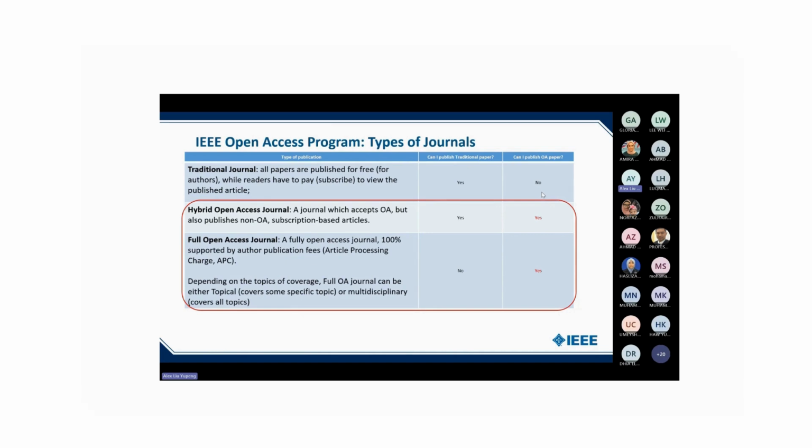We don't care how much you want to pay. What we're looking for is the quality of your paper. So what happens is your paper will still go through the same peer review process, and only if your paper is accepted, which means quality checked, QC checked, then we will inform you, congratulations, your paper is accepted. Would you like to publish in open access? If the answer is yes, then you need to pay the article processing charge.